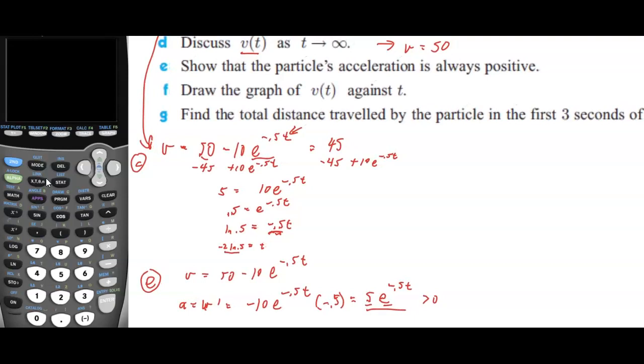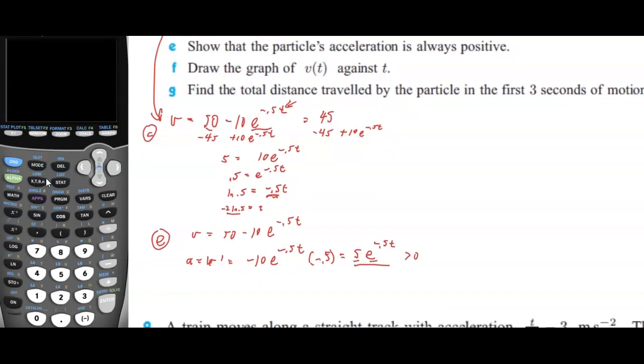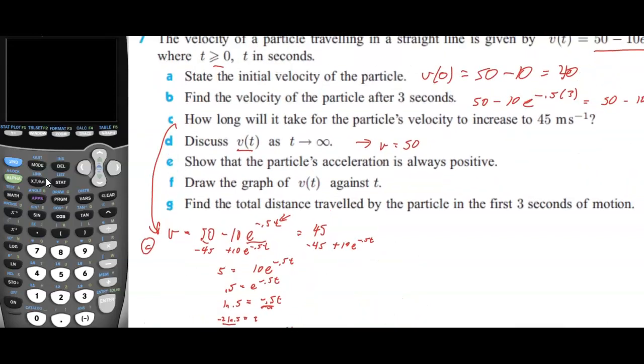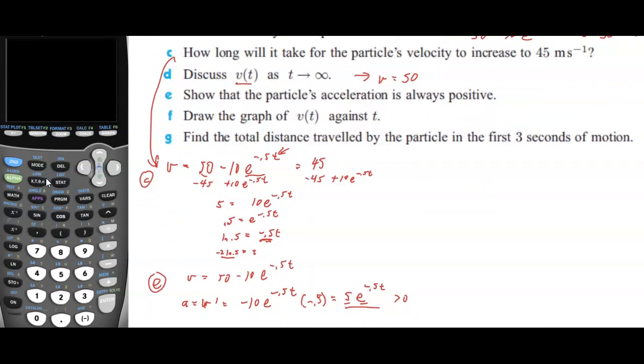Okay, part F: draw the graph of v of t against t. Let's draw this graph. I'm going to have t and v, and I know that as t approaches infinity, it's going to approach 50.